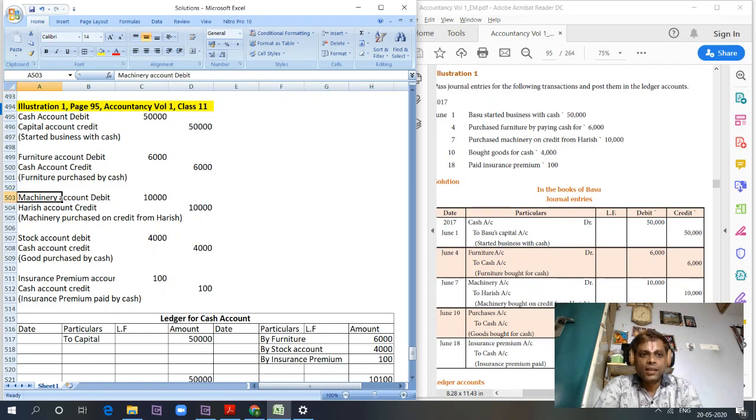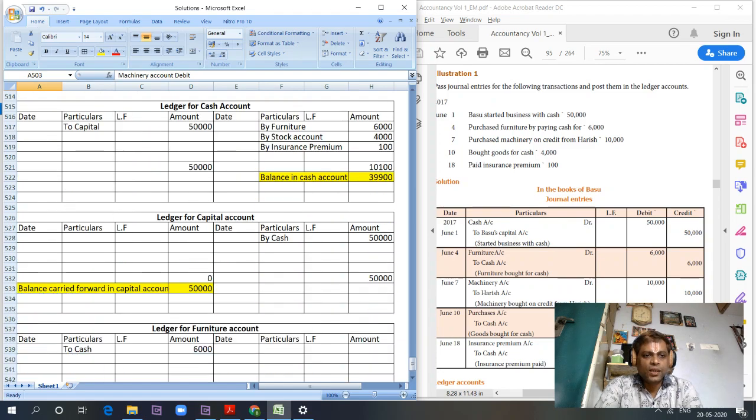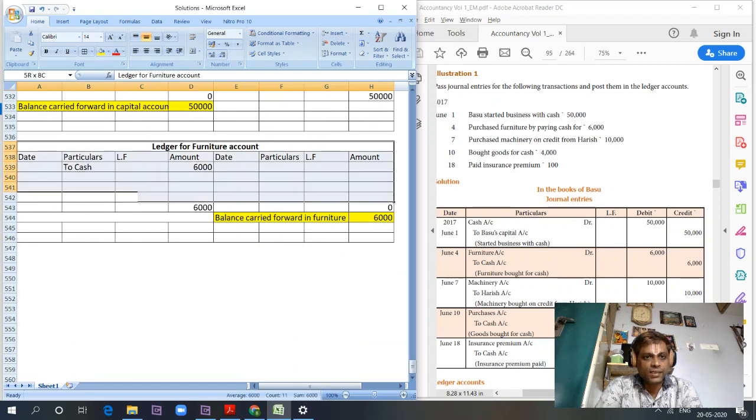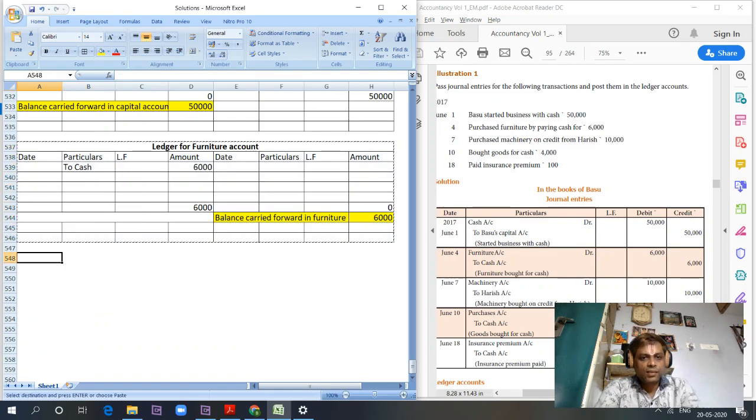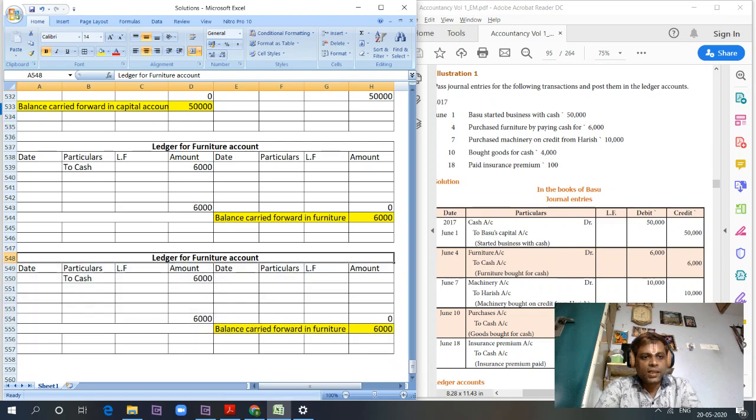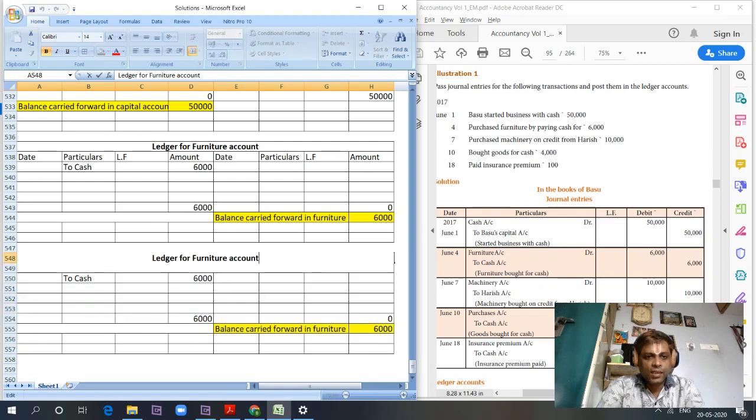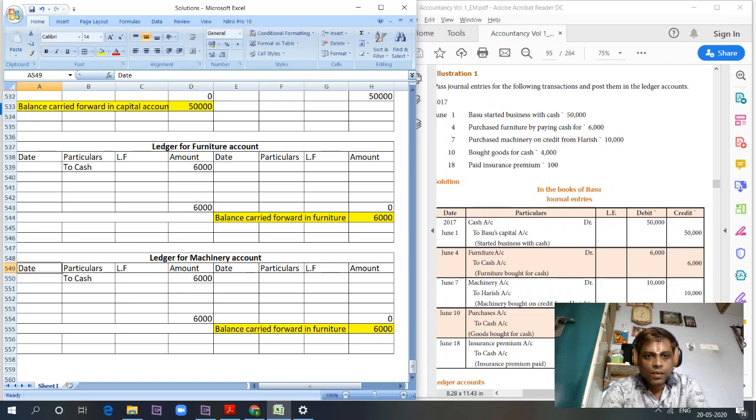Next, let's prepare the ledger for machinery account for 10,000. Machinery purchased from Harish, right? Ledger for machinery account.